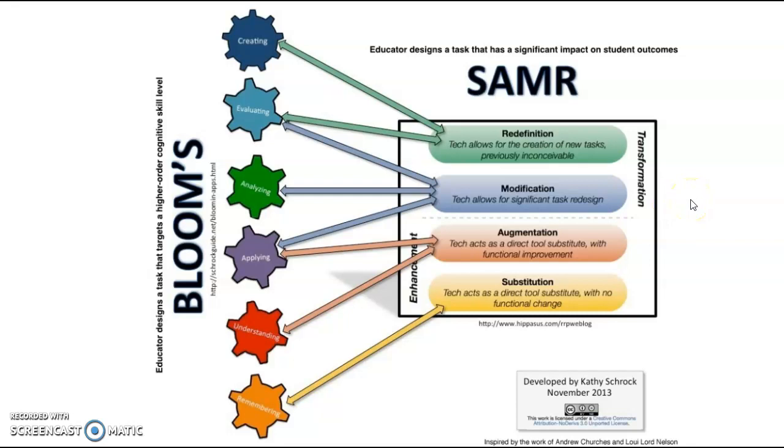Modification with new tasks can relate to applying, analyzing, and evaluating. And last, redefinition, when we have all new tasks and can now do something that was impossible without any technology, could be evaluating and creating.